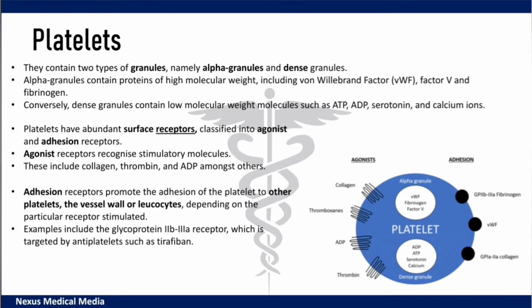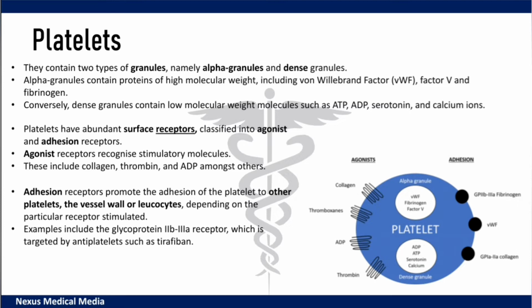The adhesion receptors promote the adhesion of platelets to other platelets, the blood vessels, or leukocytes, depending on the particular receptor stimulated. Examples of adhesion receptors include glycoprotein 2B3A receptor, which is targeted by antiplatelet drugs such as tirofiban. Right, we will talk about these later.